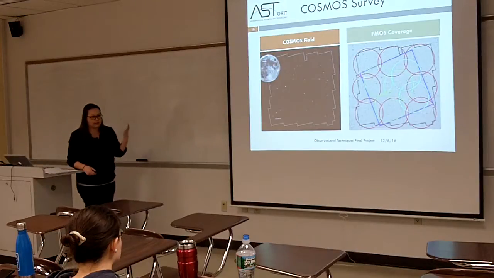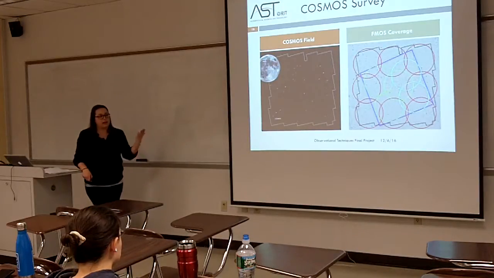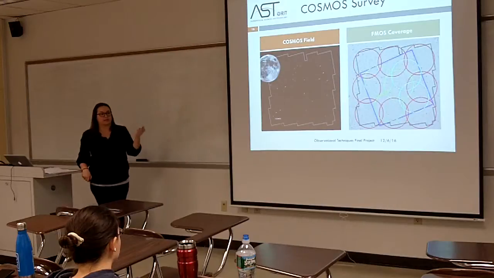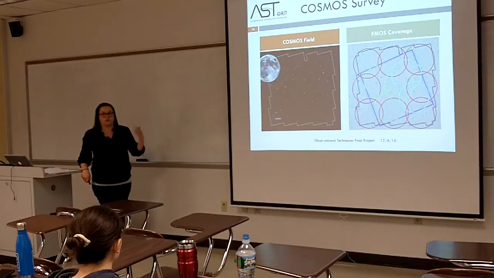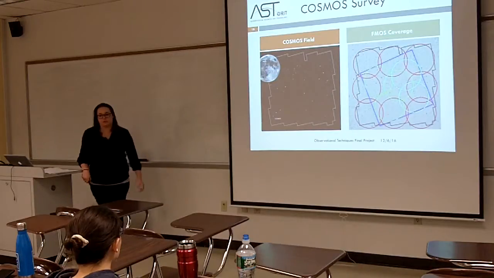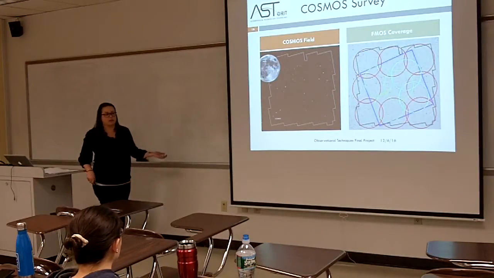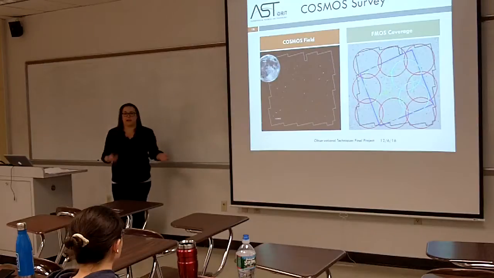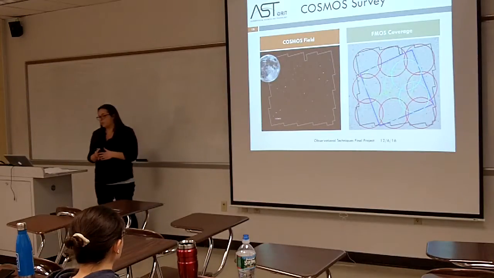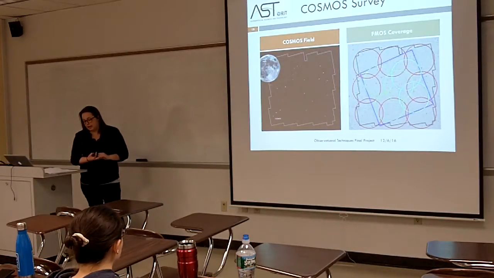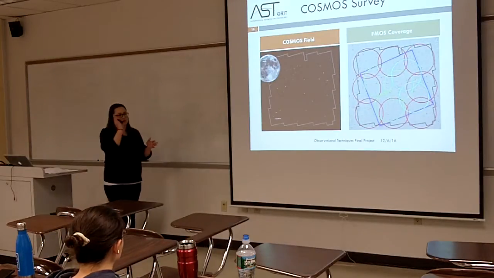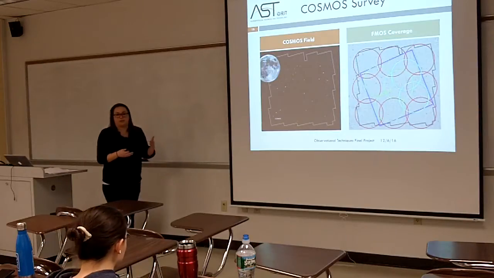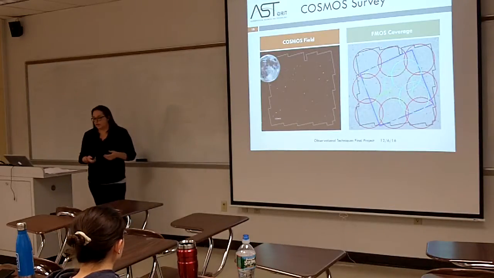So I got my data from the Cosmos survey, and this data was collected over the past couple of years by the team, and they resolved it sort of along the way, and they were also able to actually measure the flux of the lines that I was interested in. So that was already done, and they did this by simply applying a Gaussian to the emission feature and determining what the flux count was for each of those lines.